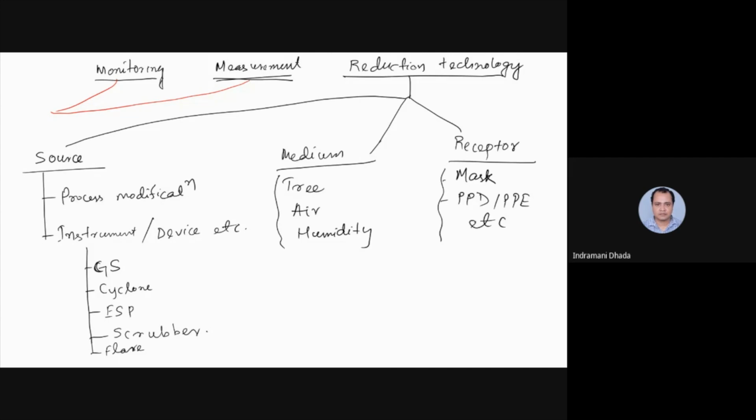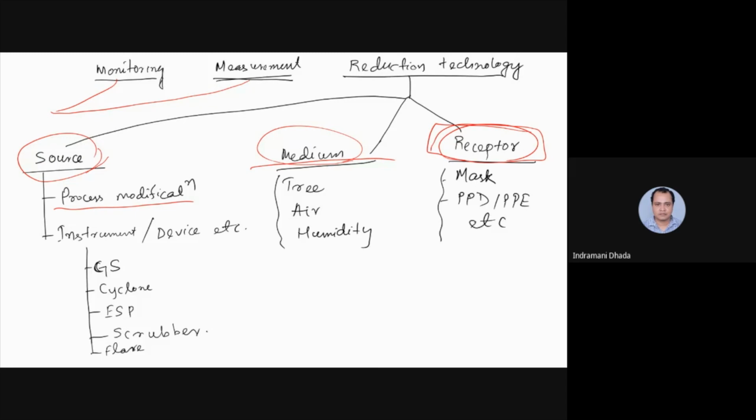What should be the reduction technology and how should we implement it? We should implement the reduction technology at the source, or at the medium, or at the receptor level. Source means where it is emitting, medium means through which it is spreading, and receptor means we are the receptor, and the trees, plants, and animals that are being affected. Those are the receptors.